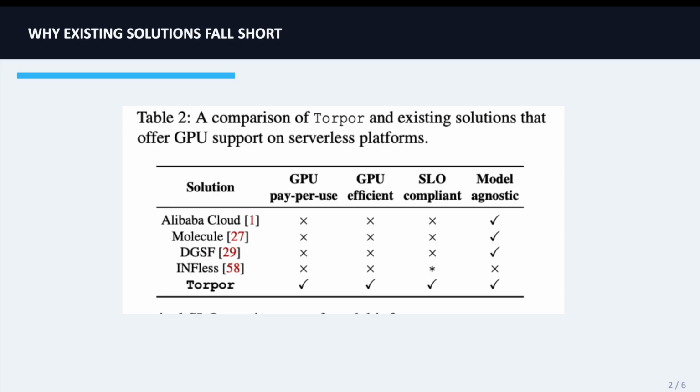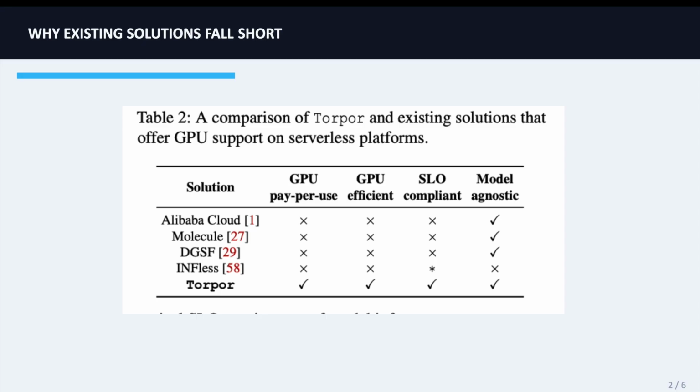So if you look at the first few rows, Alibaba Cloud, Molecule, DGSF, all of those use early binding. So they have 3 crosses and they have 1 check, which is model agnostic. But that's literally the only thing that they get right.